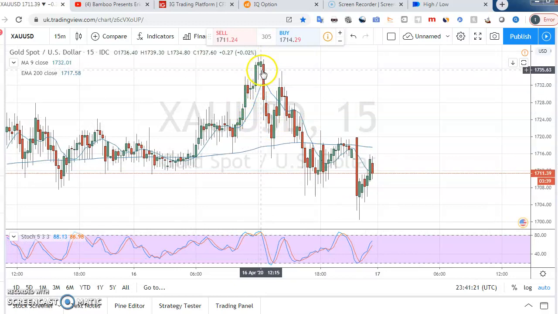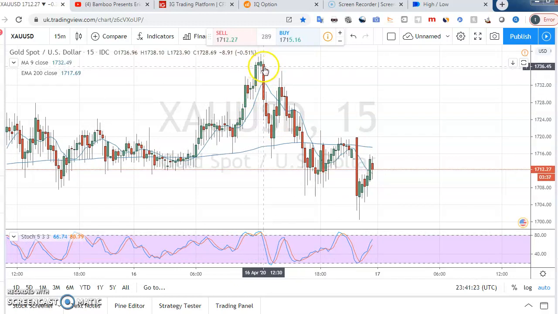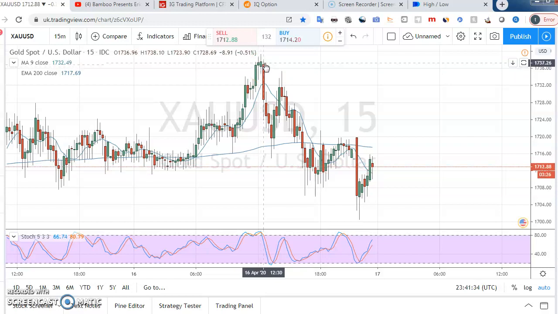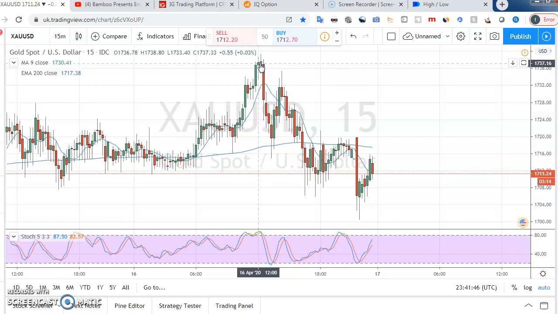On the 15 minutes, you want to see something like this guy over here before you sell. By looking at it, you observe that it's reaching the very, very top. It's like somebody climbing a hill and getting tired. At the top of the hill, he's gasping for breath. You begin to notice that the gold is gasping for breath at the very top of the hill, so you begin to monitor it.